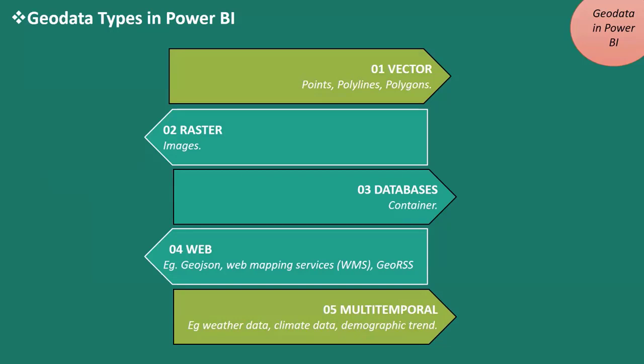But if we combine a map visual with the play axis visual, we can easily show a multitemporal flavor of data, combining both time and geodata. We can visualize raster data, an image. This is also included in Azure Maps.